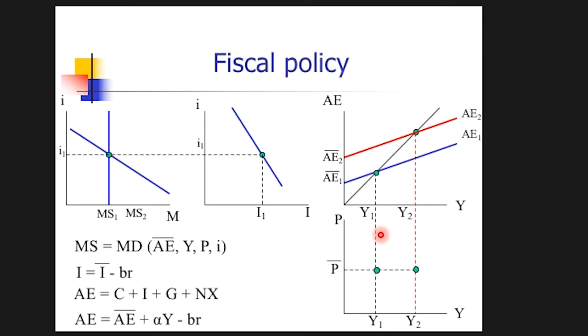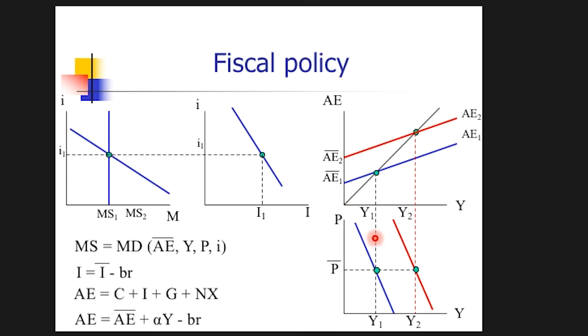And this explains the first change in aggregate demand. This is called the multiplier effect. So now, if we look at the money market, what happened to the money market?